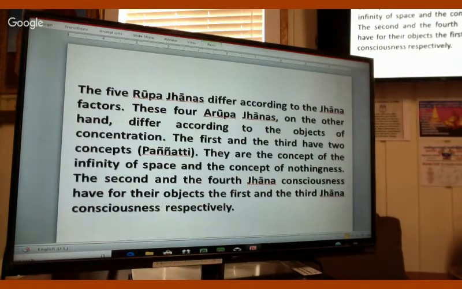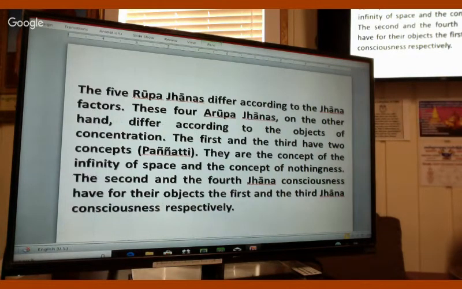So here we need to clearly understand the difference between Rupa Jhana and Arupa Jhana. That's a question. What is the difference between Rupa Jhana and Arupa Jhana? Rupa Jhana is material.